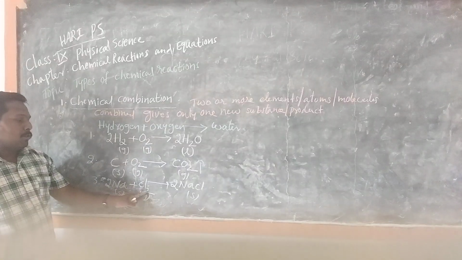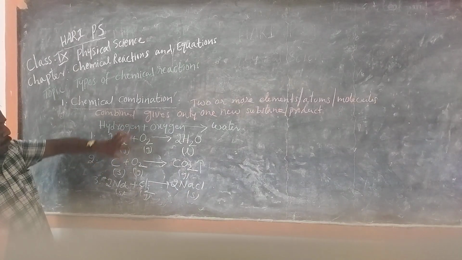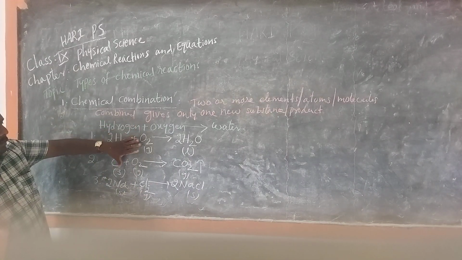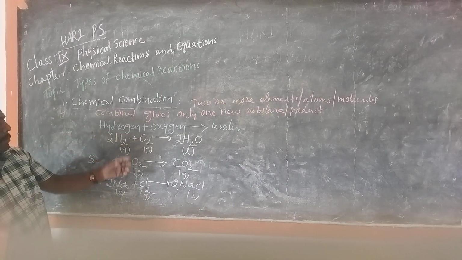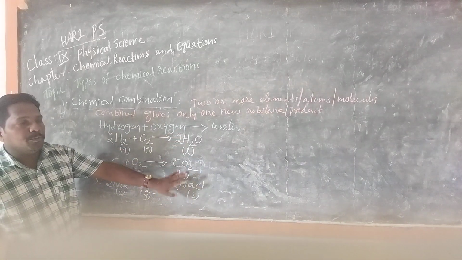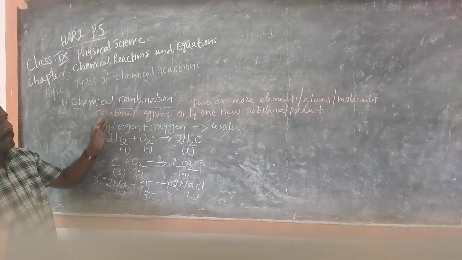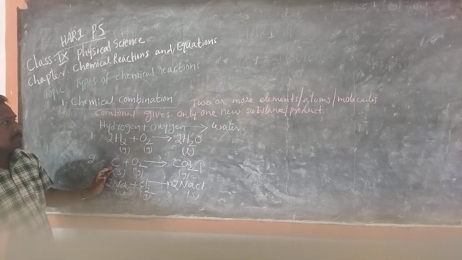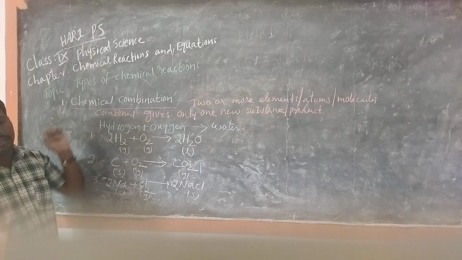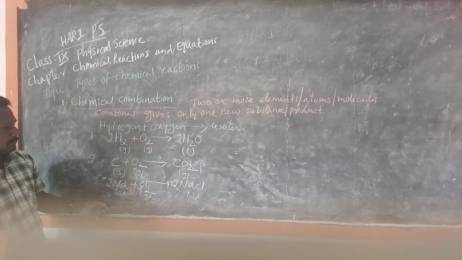Sodium and chlorine combine and form sodium chloride. So 2 or more elements or atoms combine together and form only one new product. Such reactions are called chemical combination.